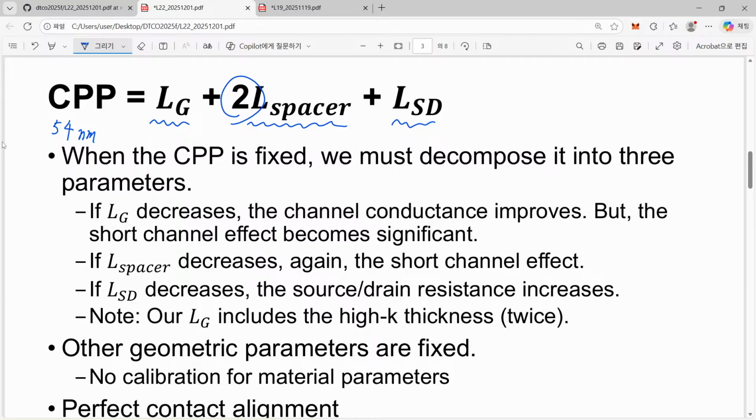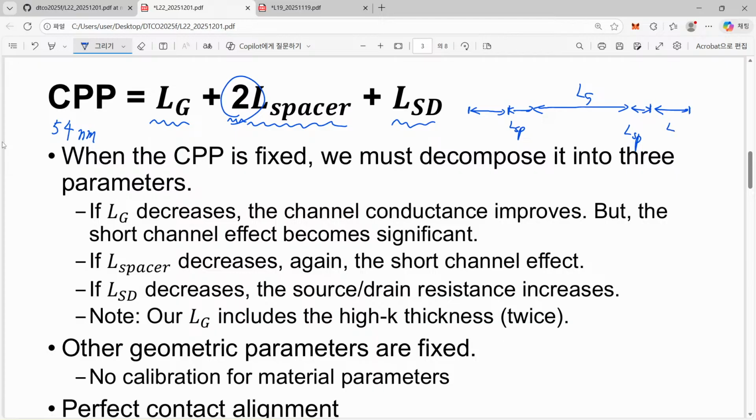So if we make the top view, then of course here we have LG, and there we have spacers. Yes, this is L spacer, and also we have another L spacer. That's the reason why we have a factor of 2. After that, we have also a certain range assigned to our source and drain.